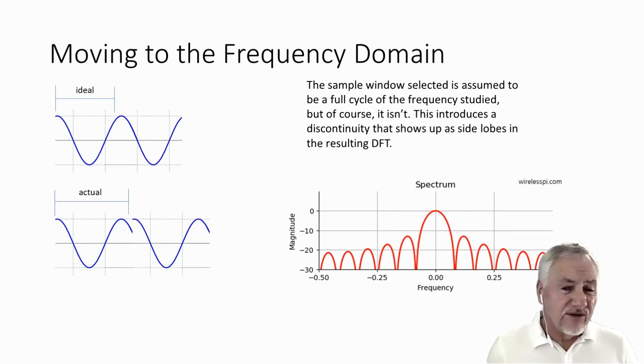However, we don't have a single frequency of interest. We have a bandwidth, and there are many frequencies in a wireless signal sent from a transmitter to a receiver.